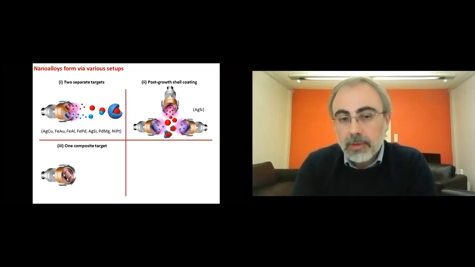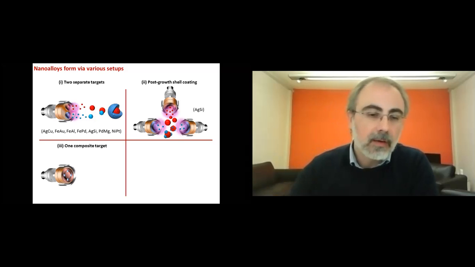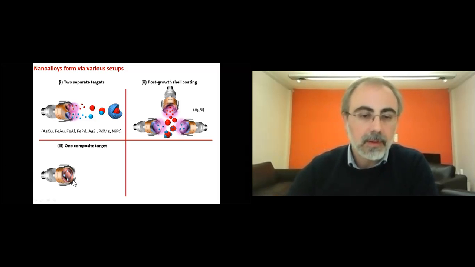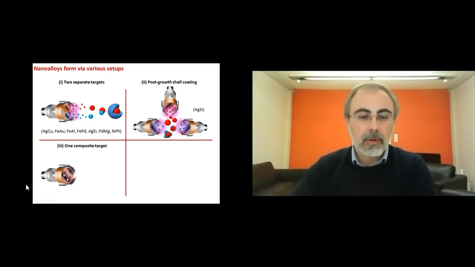The other idea is to use a composite target. So in this case, you have one target which is of this red material, whatever this is. And when you sputter, mostly almost all of the material is sputtered from a specific ring inside the target, which is called the racetrack.